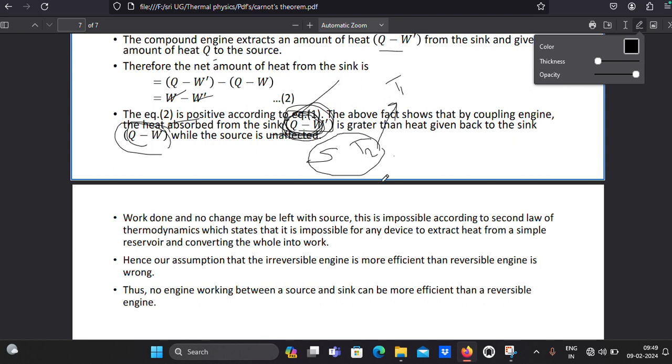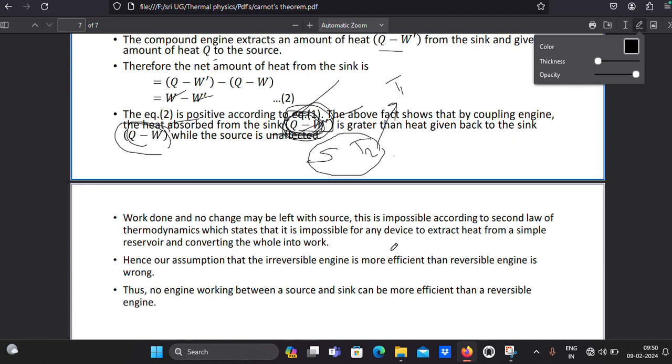That is why this is wrong according to the second law. So it is impossible by the second law. According to the second law of thermodynamics, it is impossible for any device to extract heat from a single reservoir and convert the whole into work. So actually it is not possible.